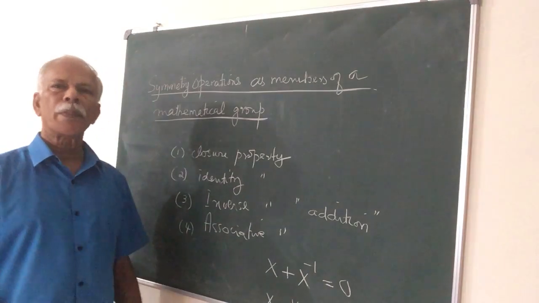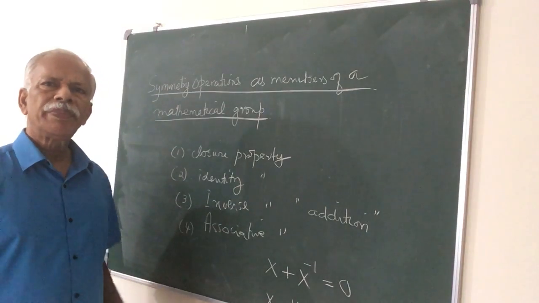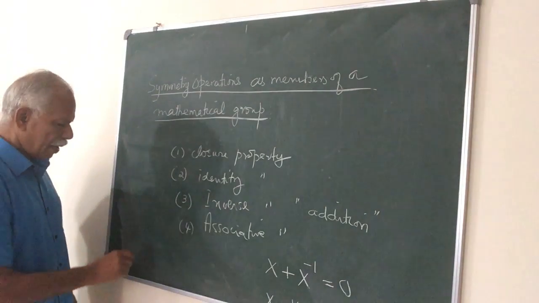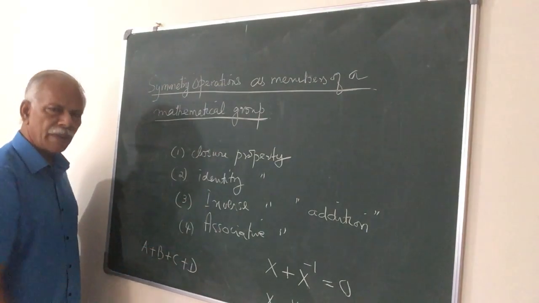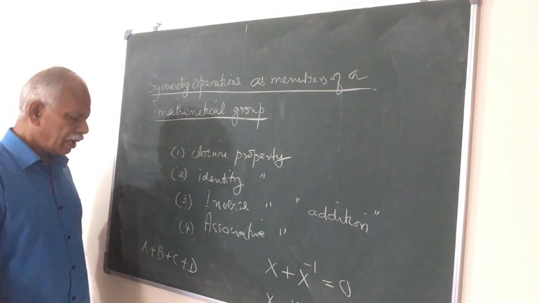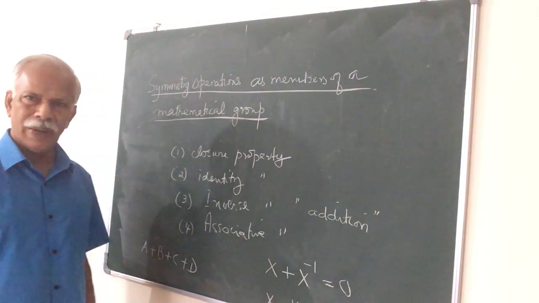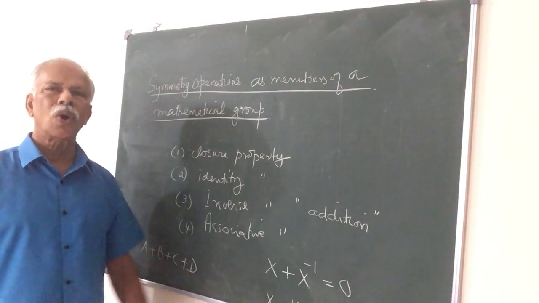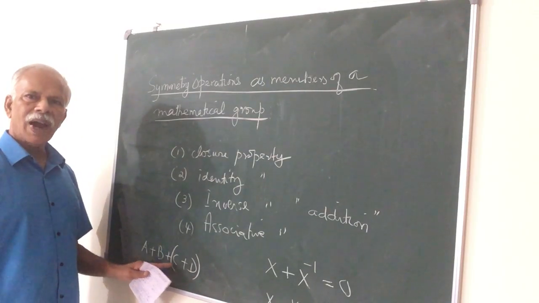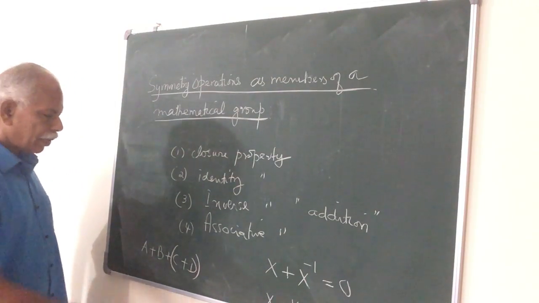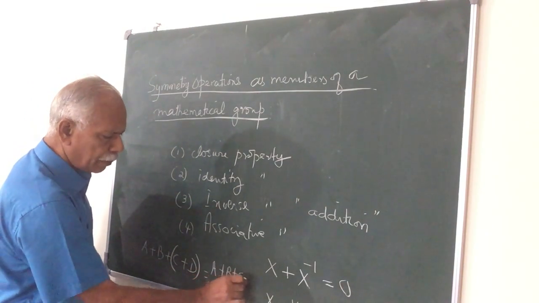By associative property, we mean if you combine the integers, say a plus b plus c plus d, like this, you can associate any two of the collection in any way you like without usually changing the order. So you can add d and c first, then add it to b and then to a, or you can write a plus b plus c plus d.